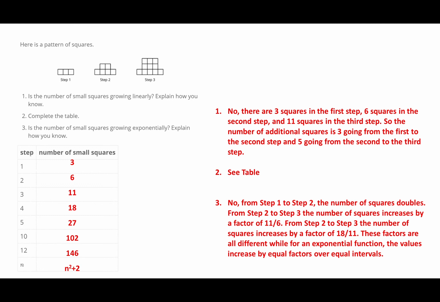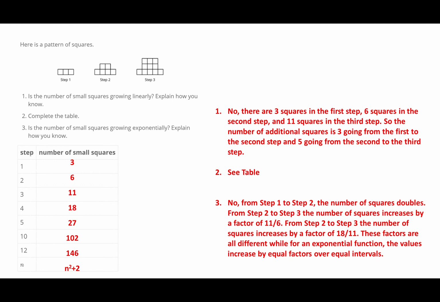But then from 6 to 11, 11 to 18, 18 to 27, it's not growing by multiplying by 2, it's not doubling. So there are different numbers that it's multiplying by over those intervals. Whereas for an exponential function, the values increase by equal factors, or multiplying by the same thing over equal intervals. So this one is not linear or exponential.